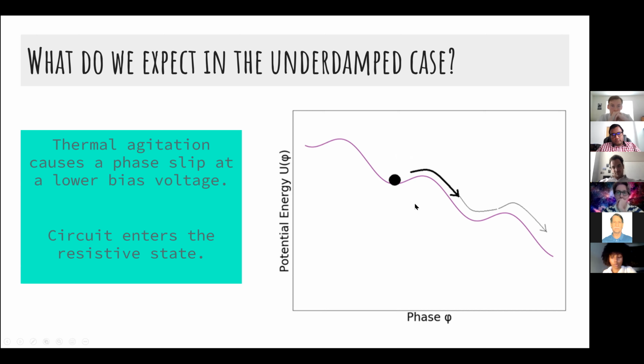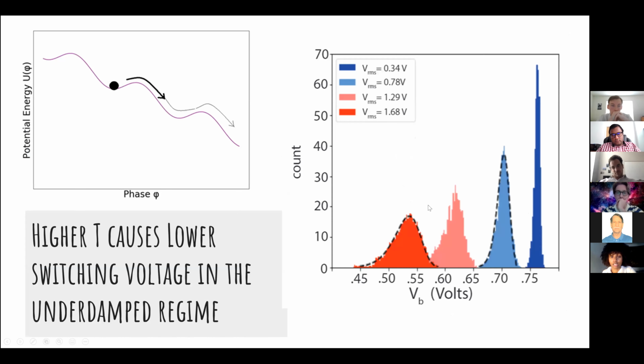But basically what this means in our data is that you see your circuit switch from the 0 voltage state to the resistive state at lower biases. And I'm going to pick apart this table a bit because you're probably wondering, why are we looking at histograms? Since I've been talking about probability this entire time, we had to look at the experimental probability that switching would occur at certain bias voltages.